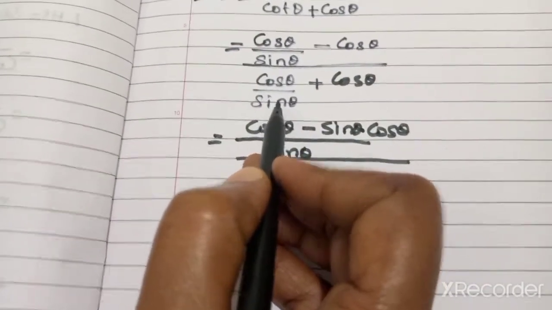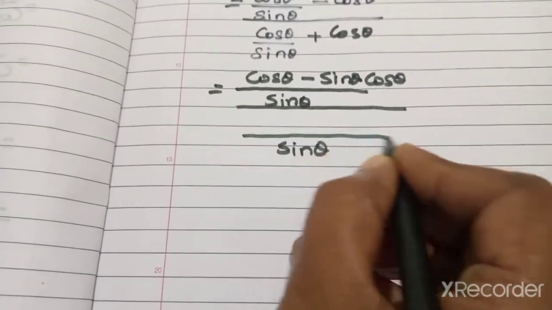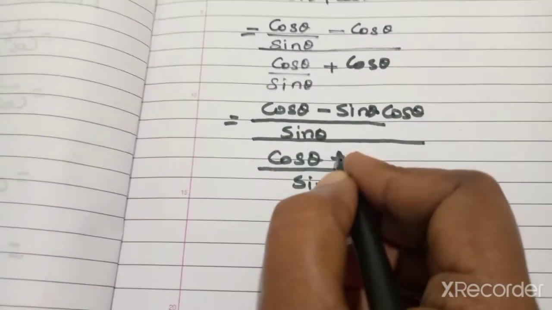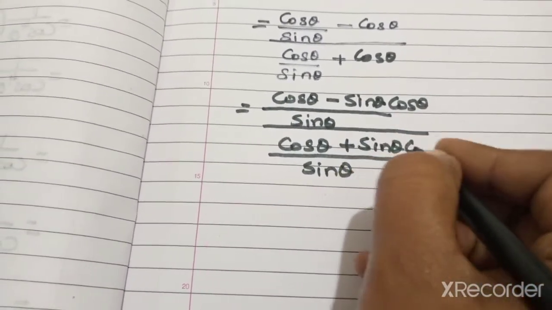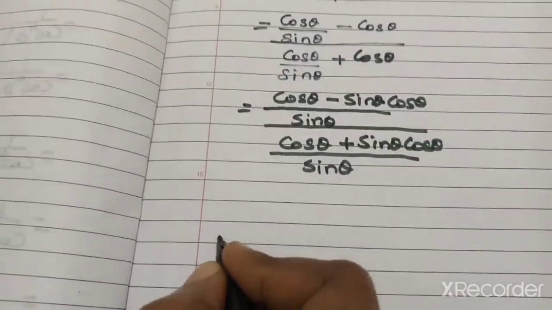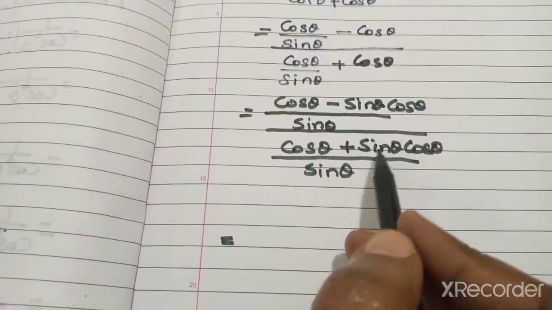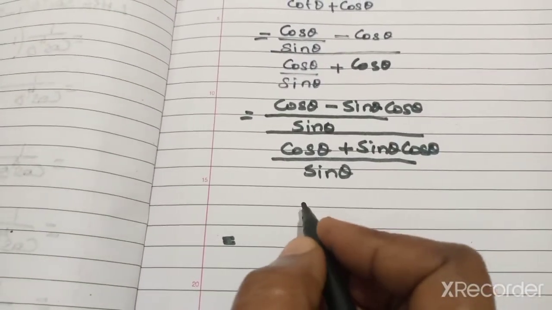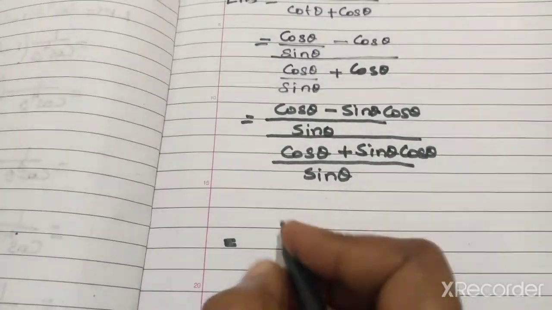So what is the LCM? Sin theta. The numerator can be written: cos theta plus sin theta into cos theta. Which is equal to, now what to do now? Let us change the division into multiplication, okay. So the denominator, these two terms can be written reciprocally.